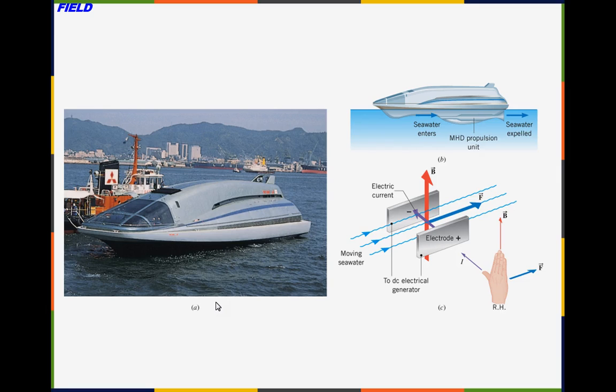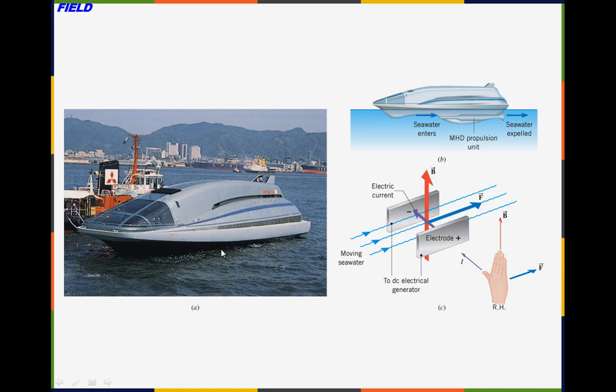There's all sorts of applications here. You can have magnetohydrodynamics. If you have a source to hook up an electromagnet, then hook up your electromagnet and take seawater, which is a bunch of charges that are traveling, and so you can generate a force.